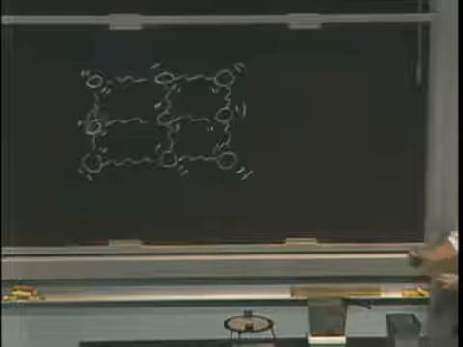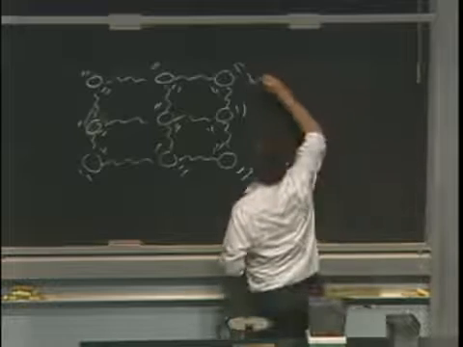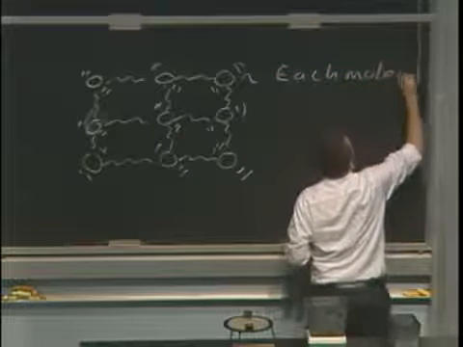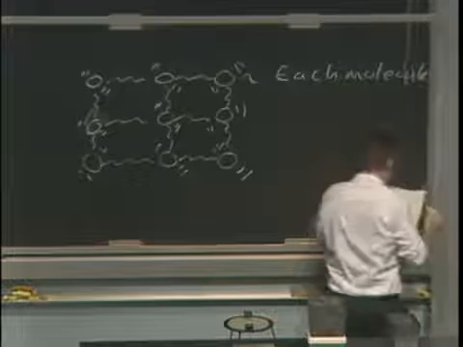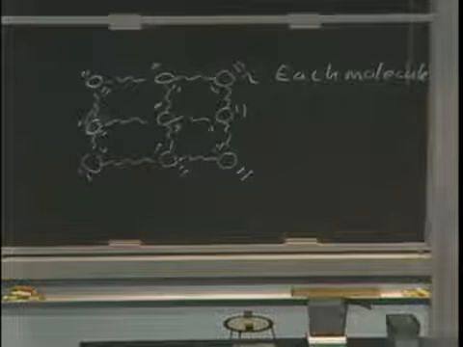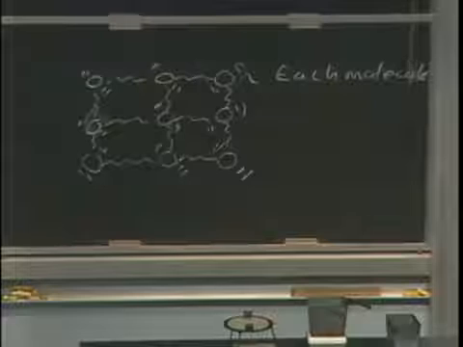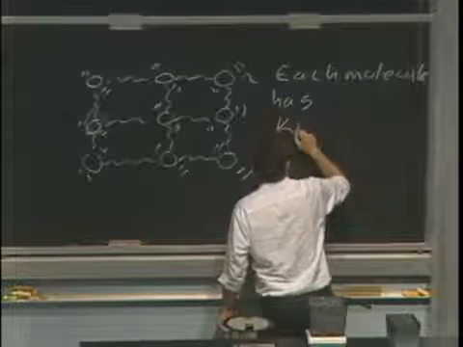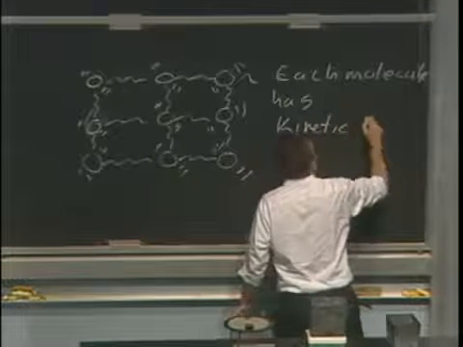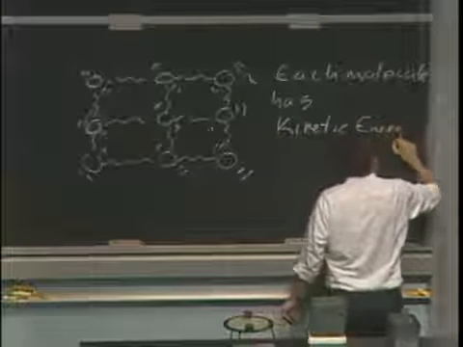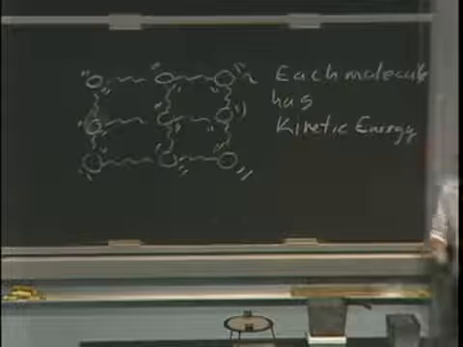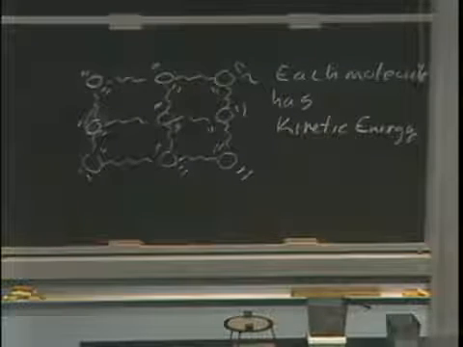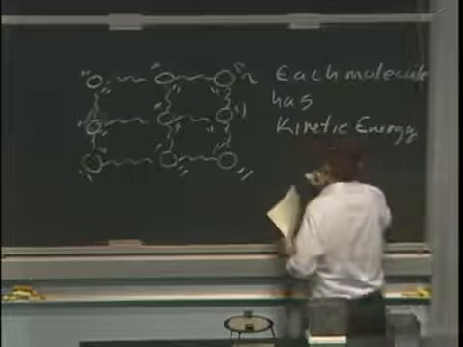So each one of these molecules or atoms, depending on what type of material it is, has both kinetic energy, the kinetic energy of the motion that it has against its neighbors, and it's got potential energy.